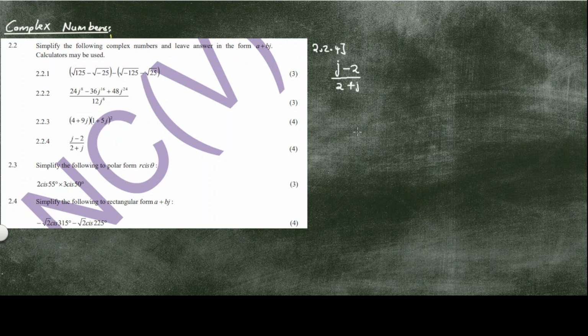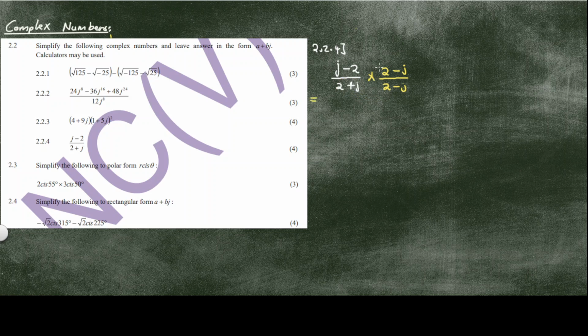It's actually 2 minus j. It's multiplied by 2 minus j. That's the conjugate. We take the denominator as is, then we just change the sign.